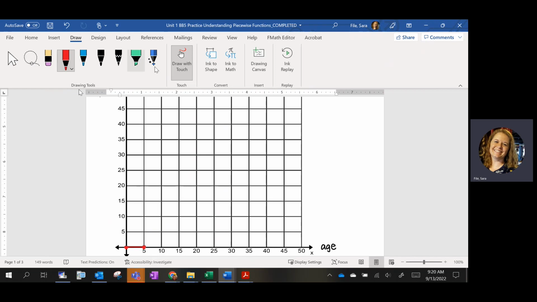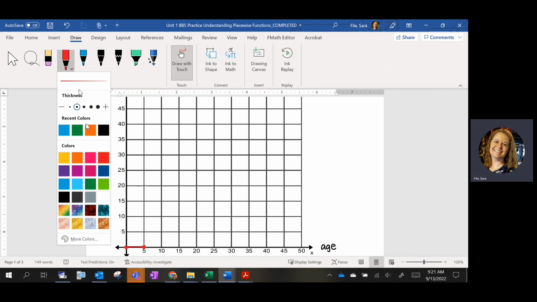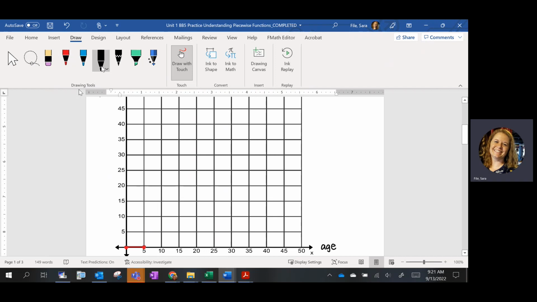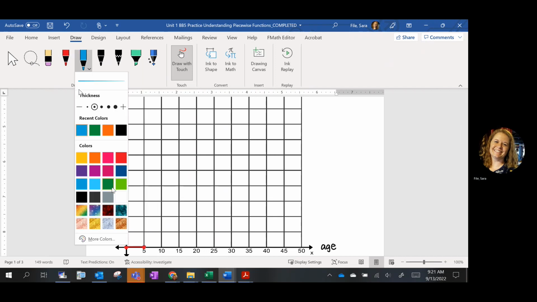Okay, then it jumps up. I already forgot what color it was. Purple. My purple's gone. That pretty purple's gone.